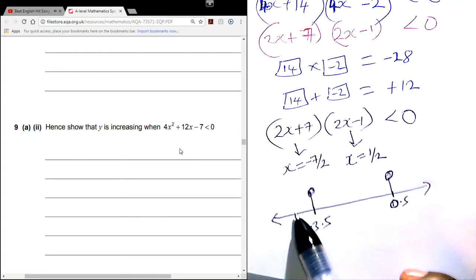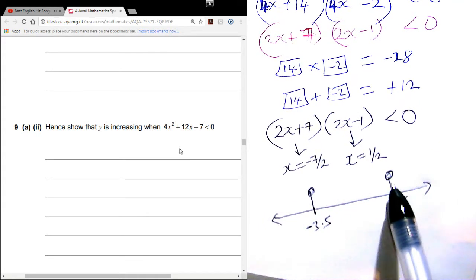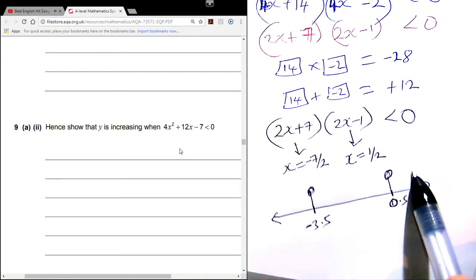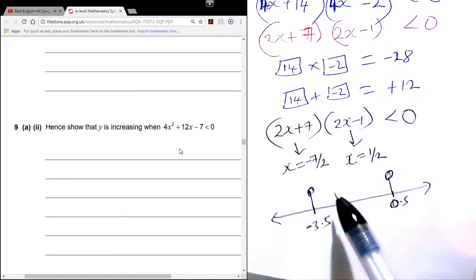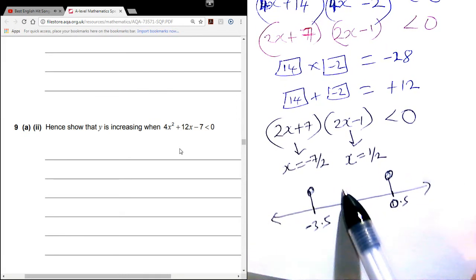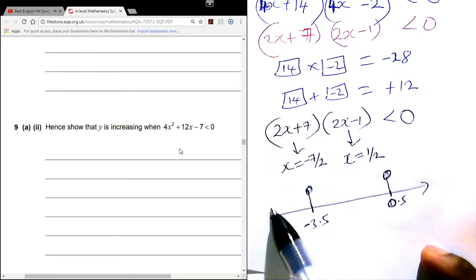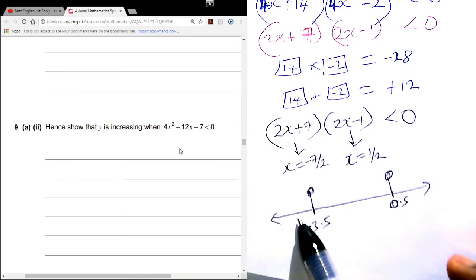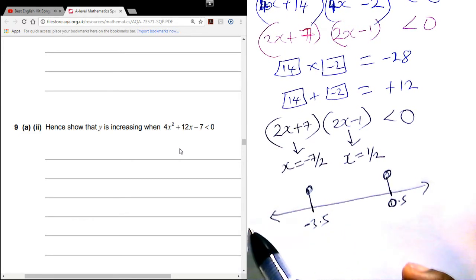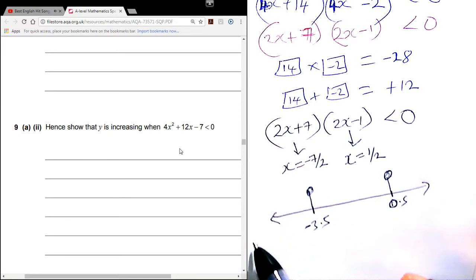We are going to test numbers in any of these regions. And whichever region passes the test would be the solution, and any region that fails the test would not be the solution. So I could test a number in this region. What number would you choose to be in this region? Anything less than minus 3.5. Can you say minus 100? Yeah.